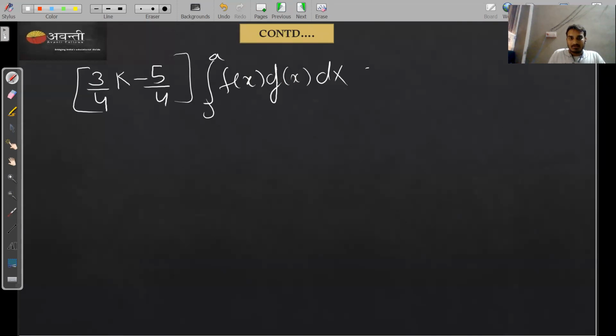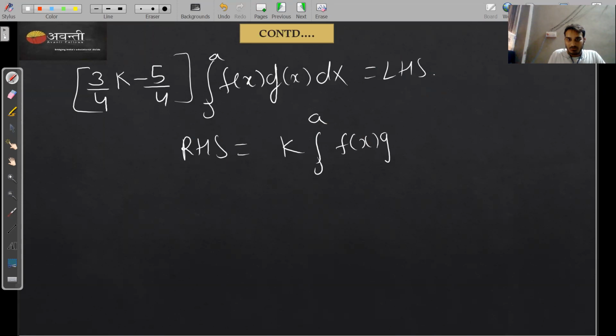So this is my LHS. What is the RHS? RHS is k times integration 0 to a f of x, g of x dx. Now what I'm going to do is pretty straightforward. Equate LHS equal to RHS.